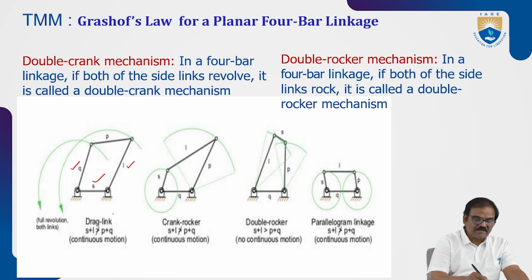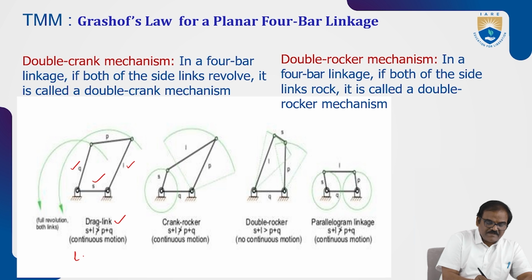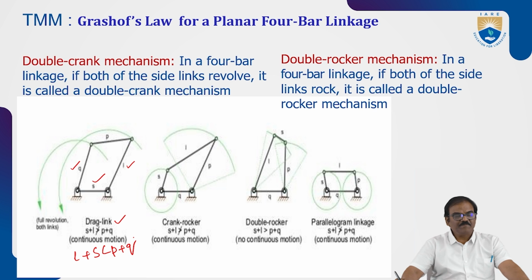L also can make a complete revolution, and this is called a drag link mechanism, wherein S plus L is not equal to P plus Q, other way around, L plus S is less than P plus Q. Okay, this drag link mechanism is used in shipyards for dragging heavy loads.